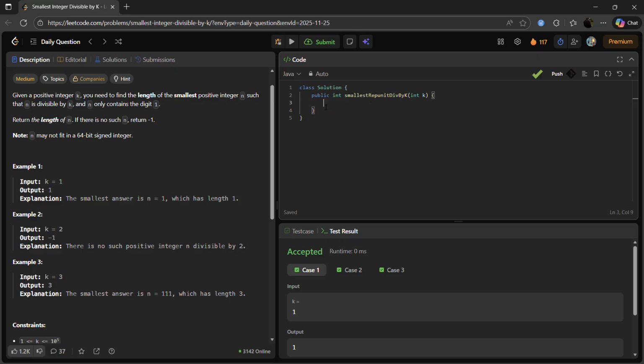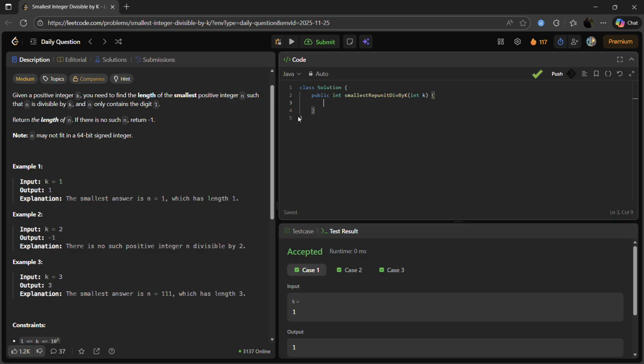These are the base conditions. Another base condition is on the length of the number. Let's say k is equal to 4; if at some point the length of the number we are generating is greater than 4, then also we will be returning minus 1.